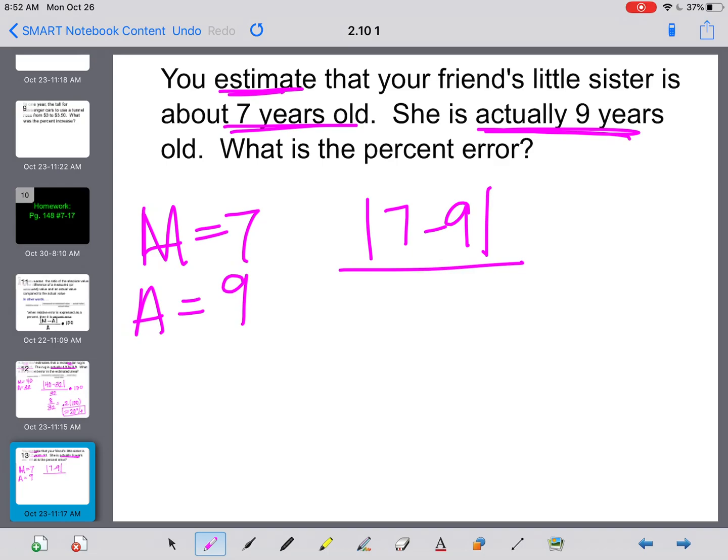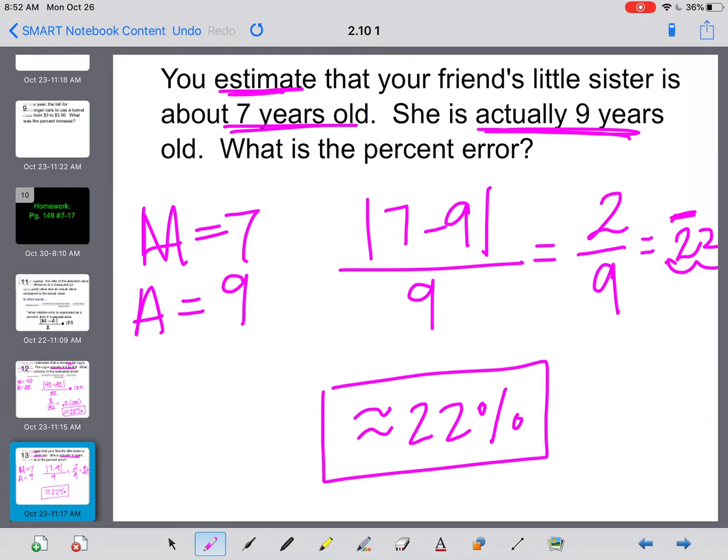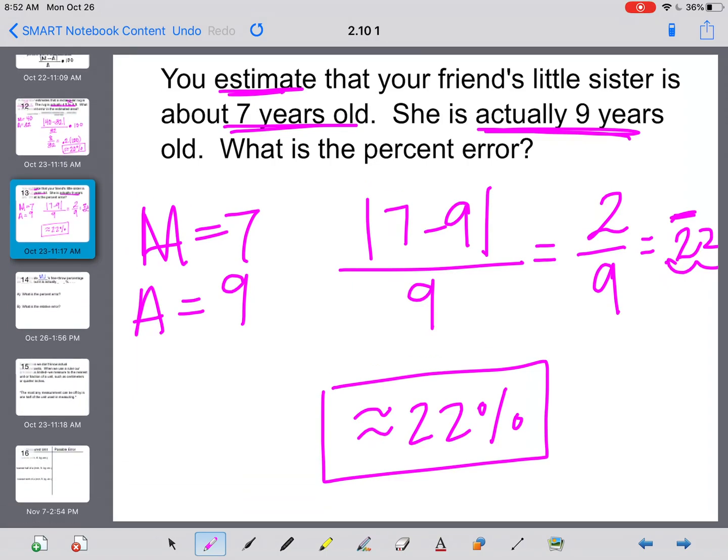So when I plug it in, I'm going to do 7 minus 9 in absolute value bars so that this becomes positive, divided by the actual amount of 9. 7 minus 9 is negative 2, but the absolute value bars make it positive. 2 over 9, which if you remember is 0.2 repeating. Then I multiply that times 100, which moves my decimal 2 places. So I have about a 22% error.